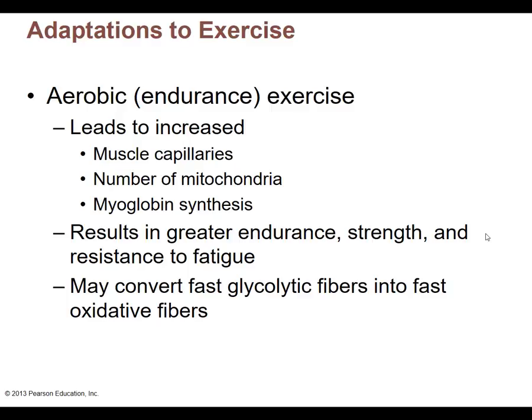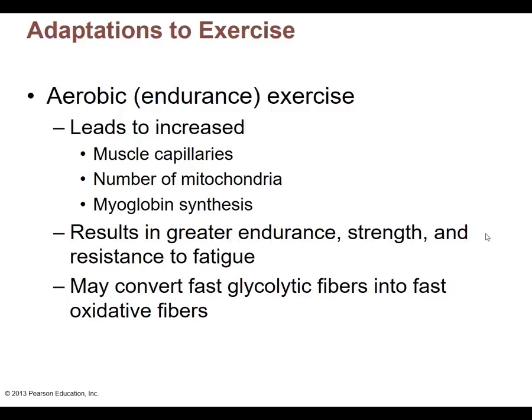The number of mitochondria can change all the time depending on the needs of your muscles and your cells. If your muscles realize they need to make more ATP, they're going to have more mitochondria. You're also going to have more myoglobin synthesis so that we have more of those oxygen binding pigments to hold the oxygen. Every time you go out and run, this results in greater endurance, more strength, and resistance to fatigue.